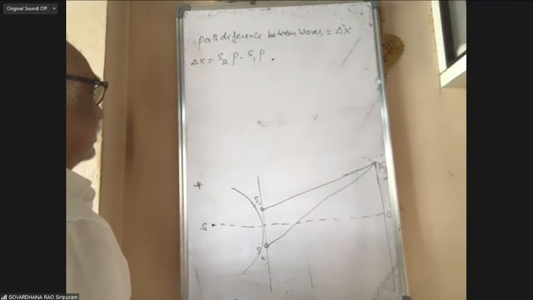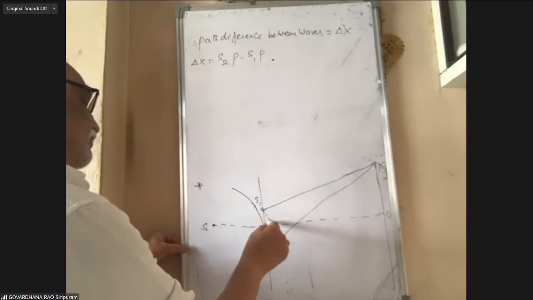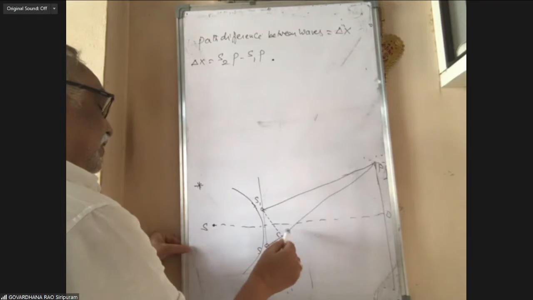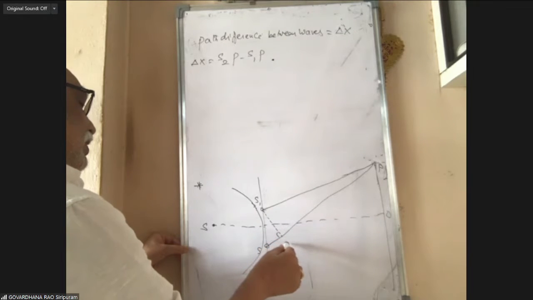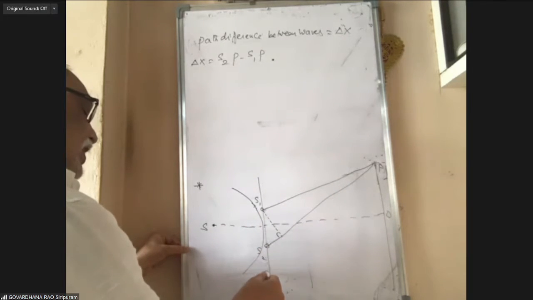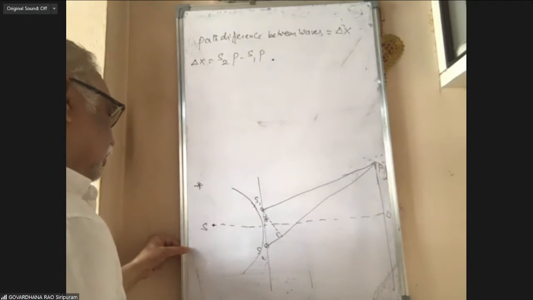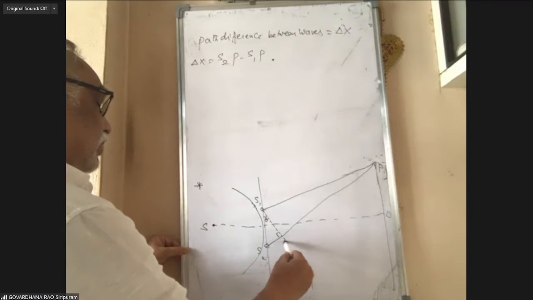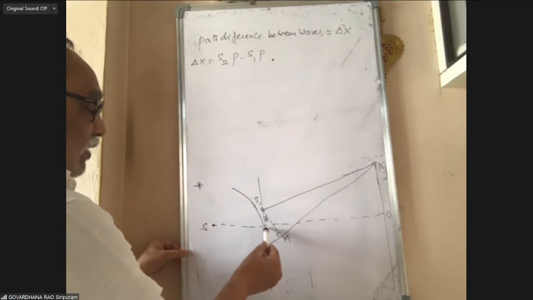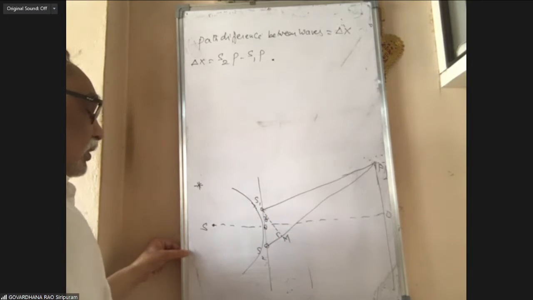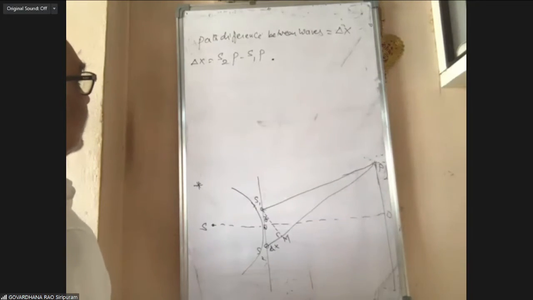Correct? Yes, sir. Now you draw a perpendicular from S1. This is 90 degrees. Let us say the angle made by this perpendicular with S1, S2 is theta. And this is M here. The center point of S1 and S2 I am calling N. So this is called the path difference delta x.